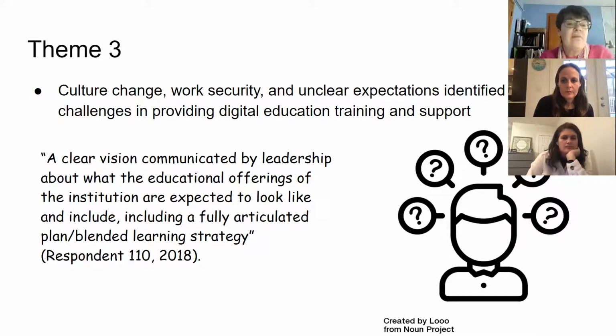The third challenge that emerged in comments was related to institutional expectations, and respondents were articulating the need for clear expectations related to digital education in statements where they're noting a need for leadership to be communicating their vision so that they know what this means, and so basically calling for institutions to consider the development of strategies and plans for digital learning.